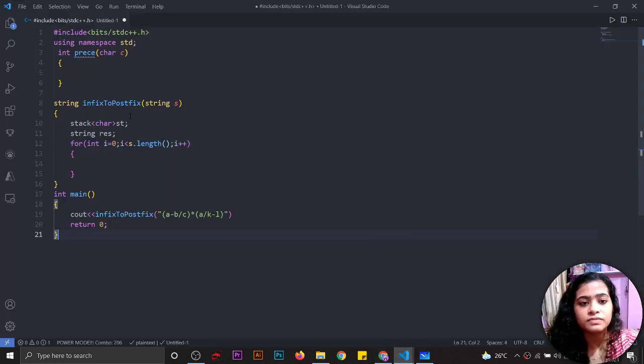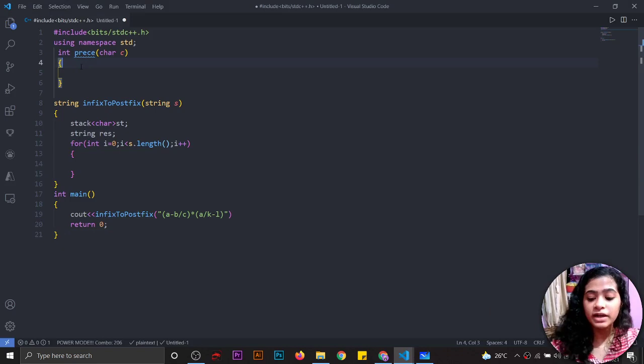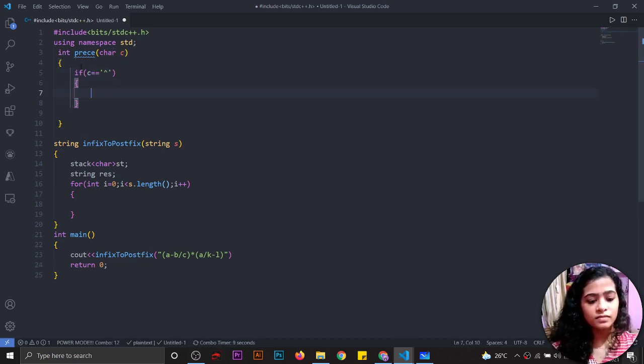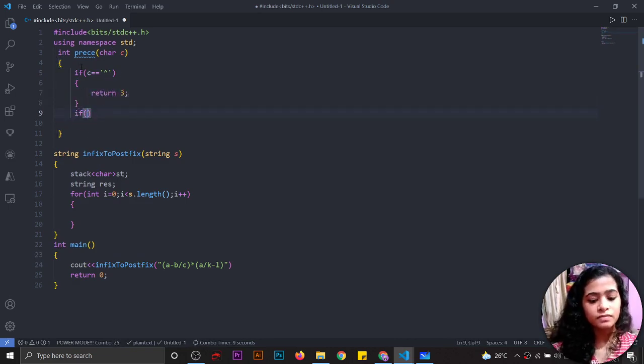Now let's code it. First of all, I have made a precedence function to calculate the precedence of the operators. So if the operator is this, then we will return 3. I will tell you afterwards why I have written 3.